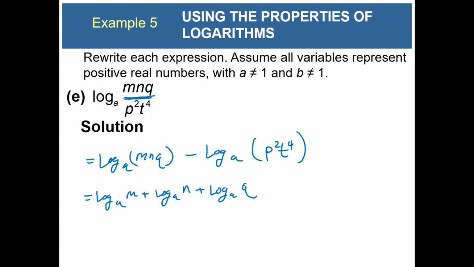Now on the right, we have a negative symbol here, so I'm going to be extra careful, put the negative here, and then we'll simplify this using the product rule. So we have log base a of p squared plus log base a of t to the 4th.